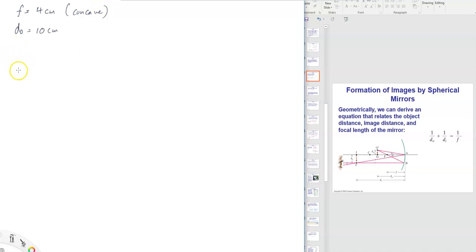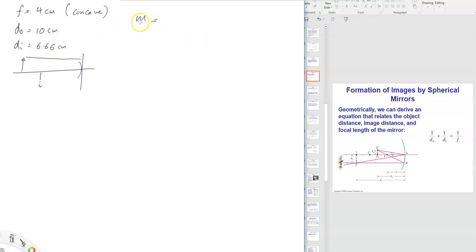So we found out that the diagram looks like this. The image appeared over here, right? The image was here, the object. Magnification. Now we found that di to be 6.66 centimeters.